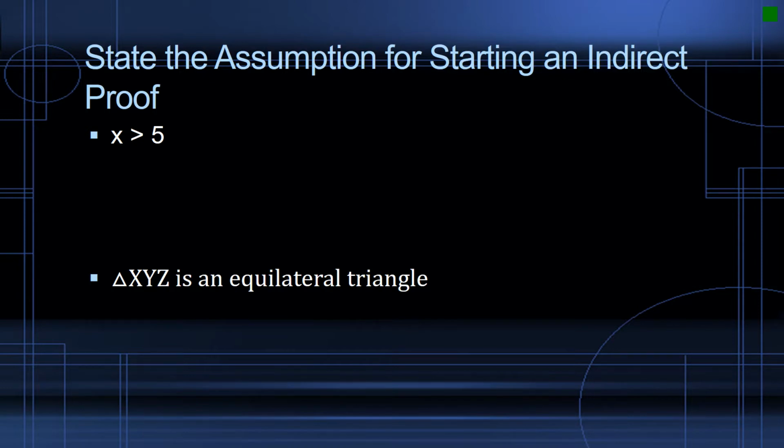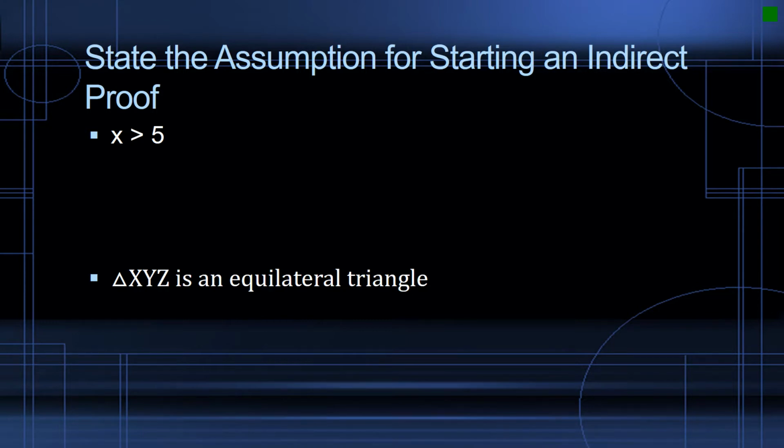So we're given a statement here that x is greater than 5. Now, in this example, which is on page 355 and the homework that would follow from it, we're just stating an assumption to start an indirect proof. So we're going to take what is maybe a true statement and we're going to reframe it as a false statement.